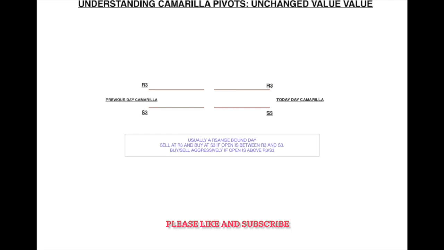Second, never buy during the first breakout or breakdown. Wait for a pullback, wait for a reversal, and then only buy. R4 and S4 are the last line of resistance and support. Hence, there will be a lot of choppiness there before the breakout happens. So wait for an opportune moment to get a proper breakout entry and breakdown entry.